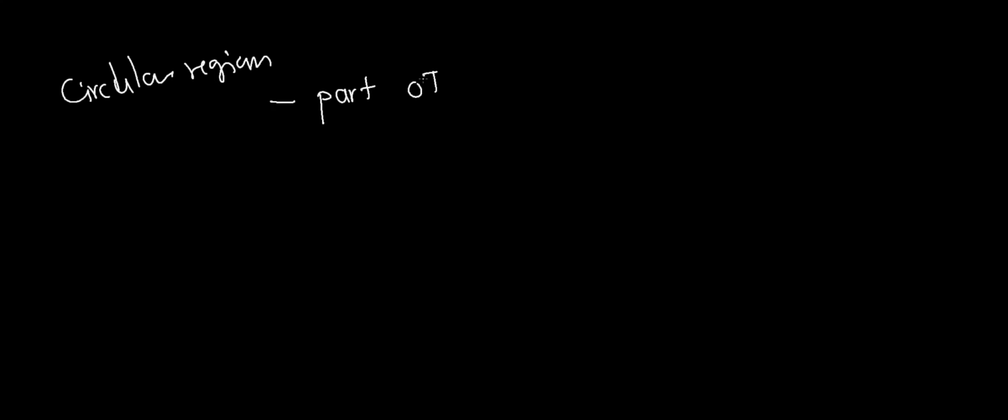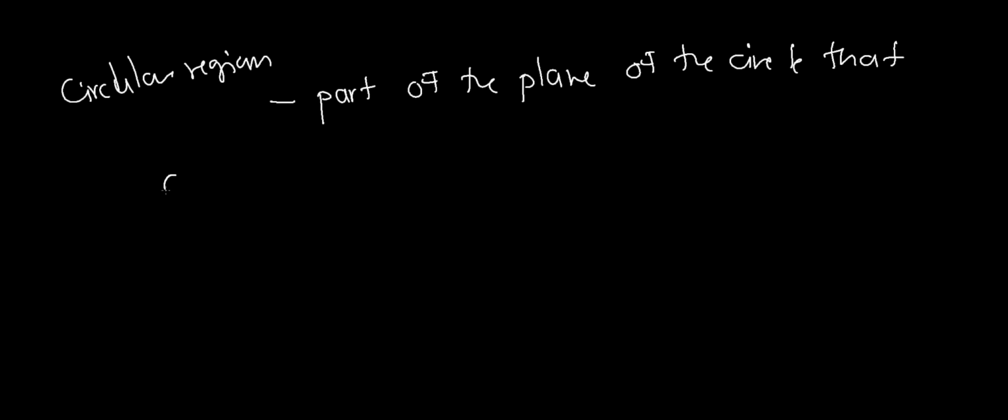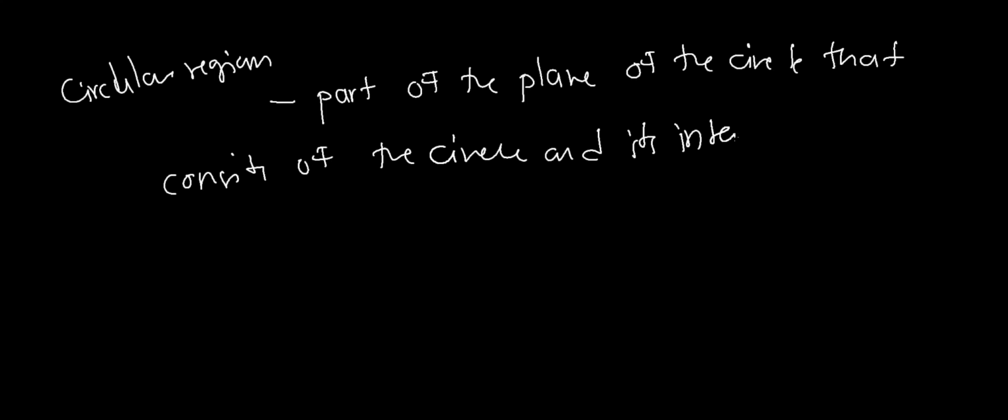The part of the plane of the circle that consists of the circle and its interior is called a circular region.